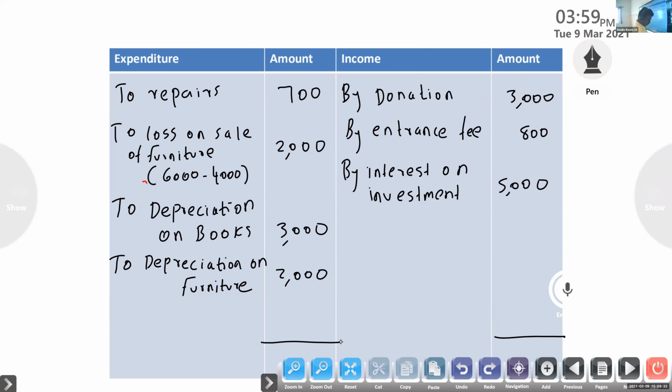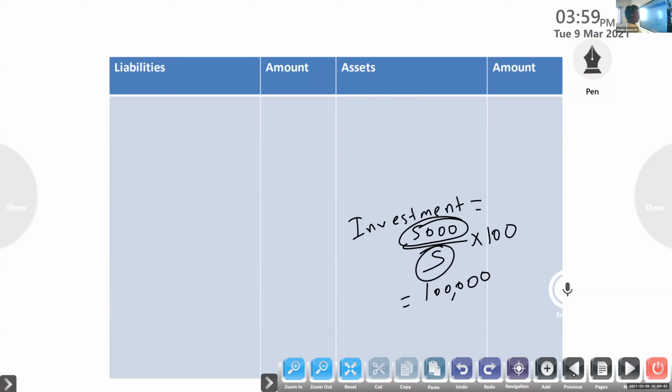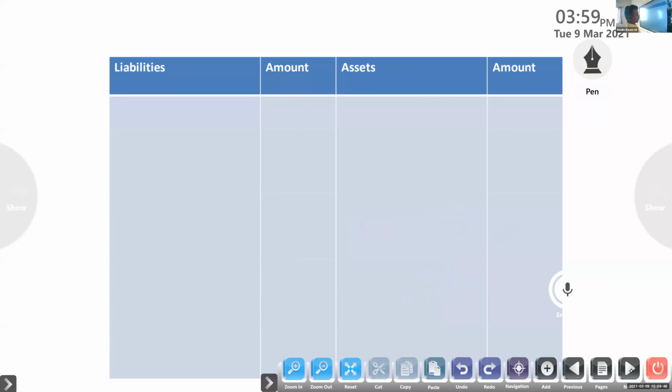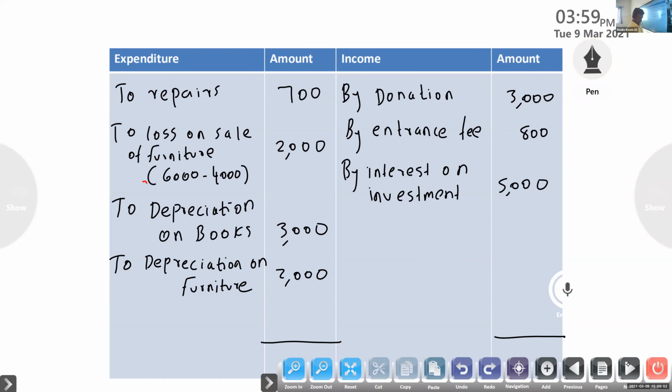So credit side total, credit side is more. $59,700. Sir, can you show the last slide? Depreciation of furniture. 68,500.